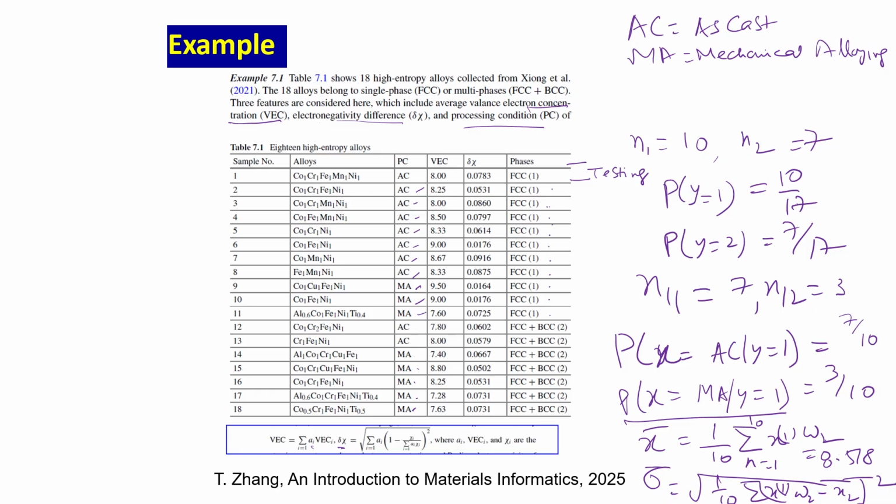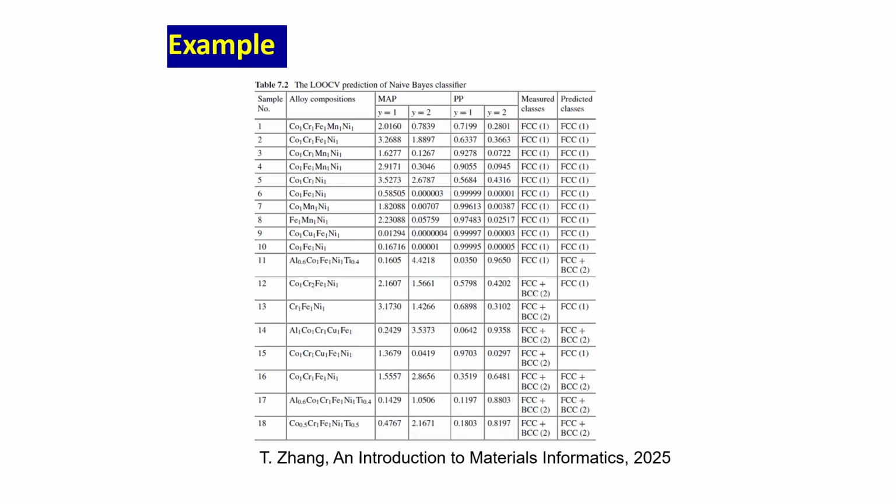You can calculate all the probabilities and standard deviations, form such tables, and then make predictions. These are the predictions by naive Bayes classifiers. Measured class and predicted class remain the same except for this alloy, where measured is single phase but predicted is two phase. These two do not match.